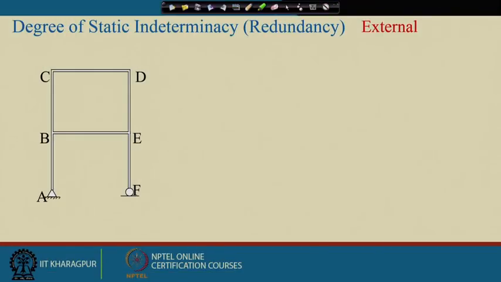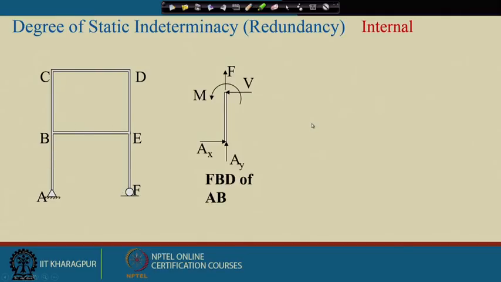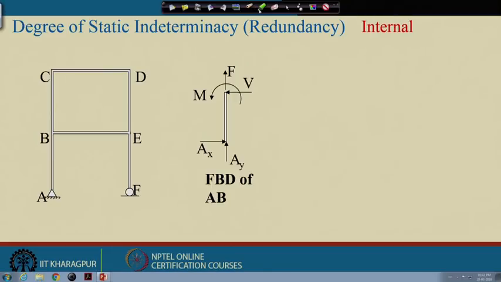Okay. Now, let us see this structure. Suppose we know the support reactions. Now, take the free body diagram of AB. The free body diagram is like this. We have 2 reactions, Ax and Ay, and since this is a rigid frame, at any point we have 3 forces: axial force, shear force and moment.